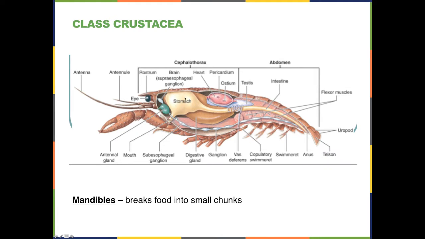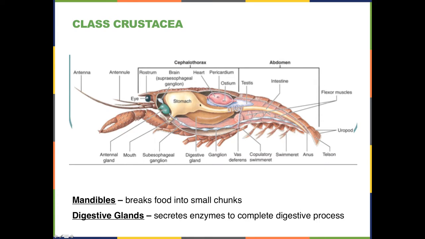Then after the stomach processes and grinds up the food, it passes on, and there's something at this point called the digestive gland. The digestive gland secretes enzymes into the area here where the food is and completes the breakdown of the food into absorbable materials that can be taken in by the organism.